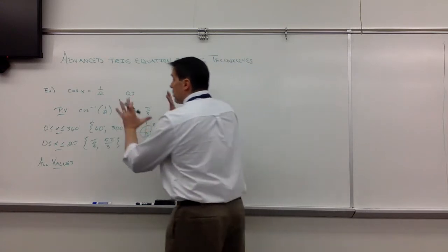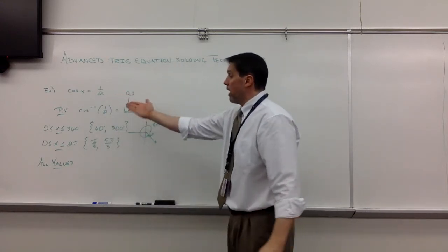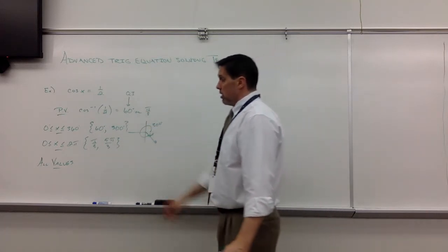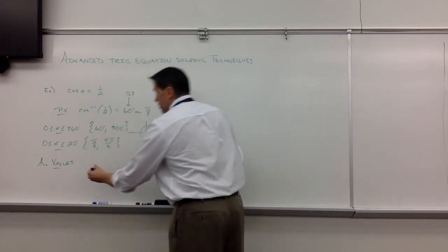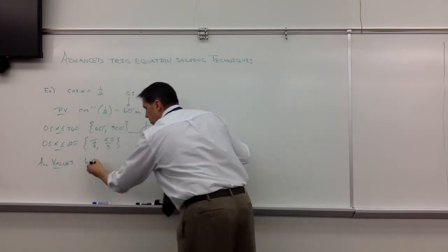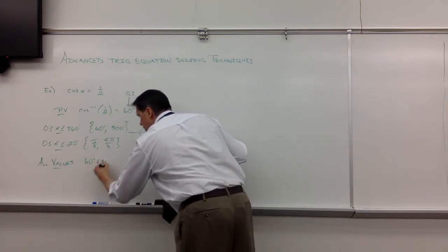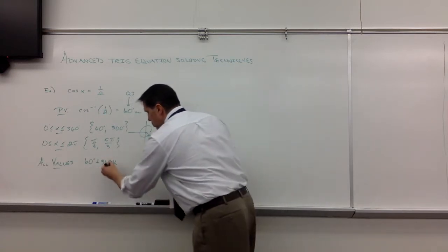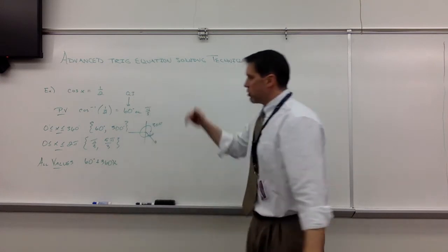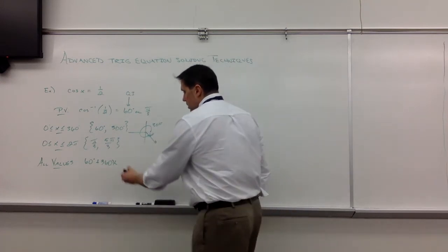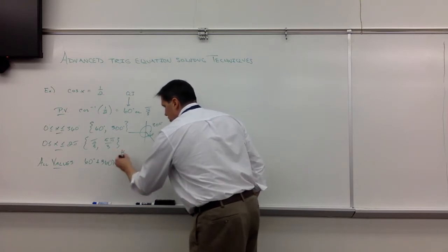So if they said, okay, solve this, cosine of x equals 1/2, I want all the solutions. What are all the solutions to this? Well, if we're talking degrees, I would say it's 60 degrees plus every multiple of 360. That is 360k. So 60 degrees plus 360k, where k is an integer.